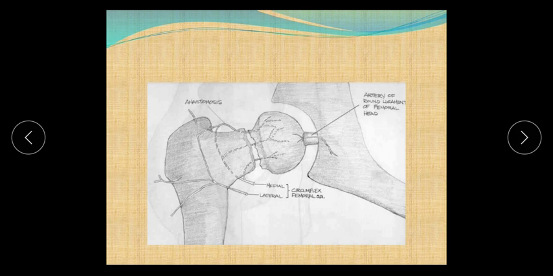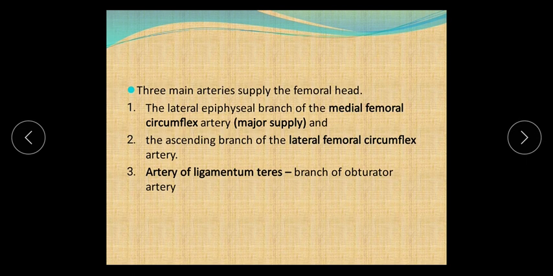This is the diagrammatic view showing the blood supply to the head of the femur. You should write like this in the exam. As I told, the three main arteries are the medial femoral circumflex artery.